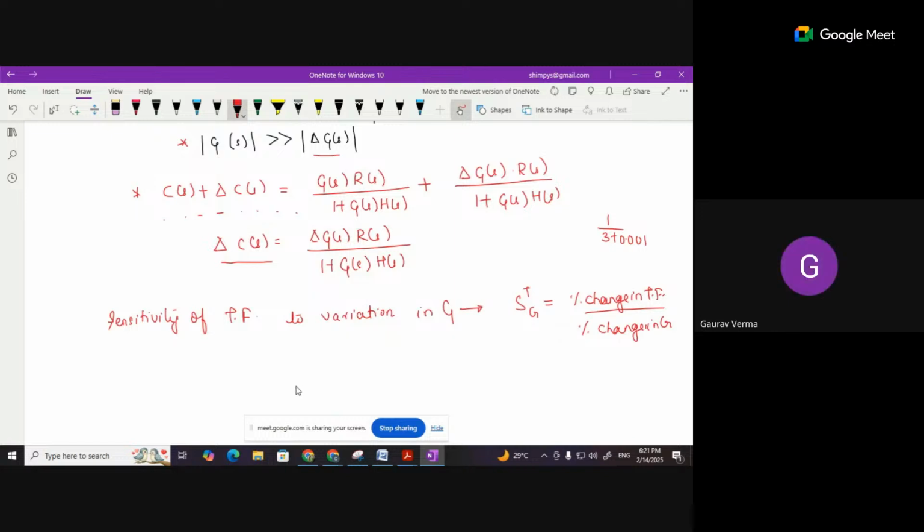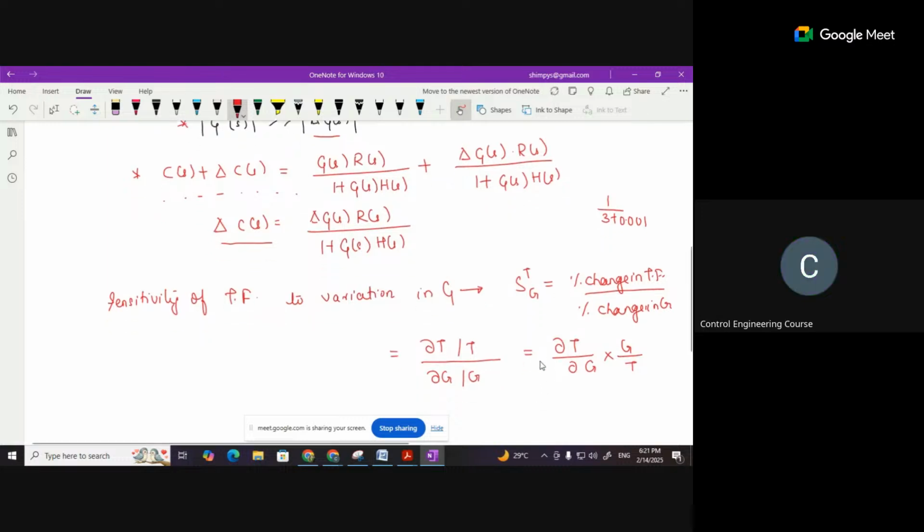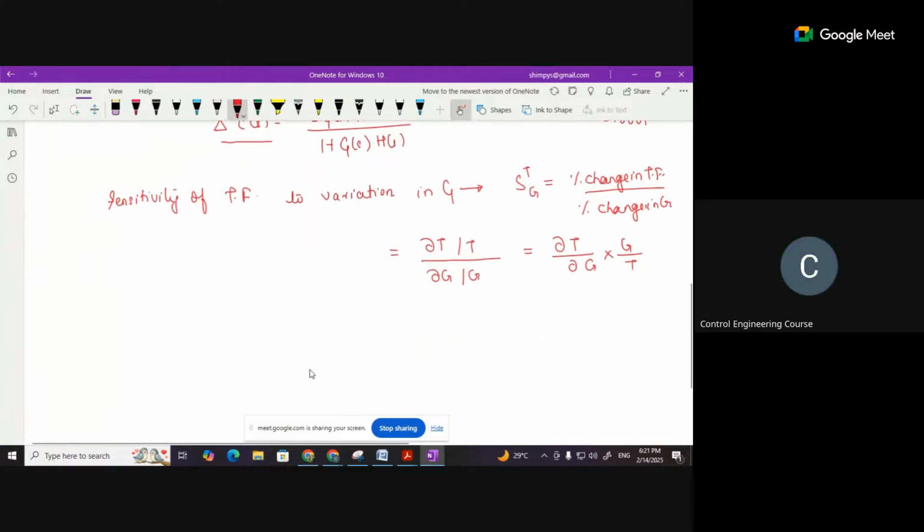Now, if I want to write this percentage change in transfer function, I'll write it as del T by T divided by del G by G. So this can be written as del T by del G into G by T. Please mute your mic, all of you.